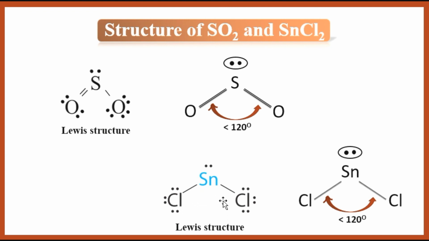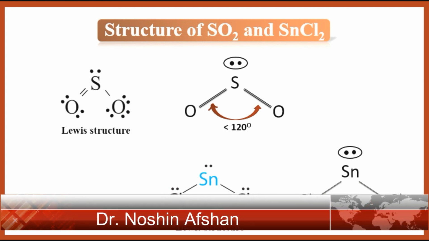And in this way, the Lewis structure has been shown in this figure, and the geometry of the selenium dichloride has been shown over here, where it retains the value of the bond angle lesser than 120 degrees.